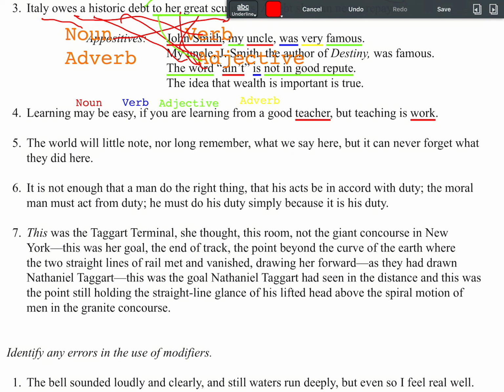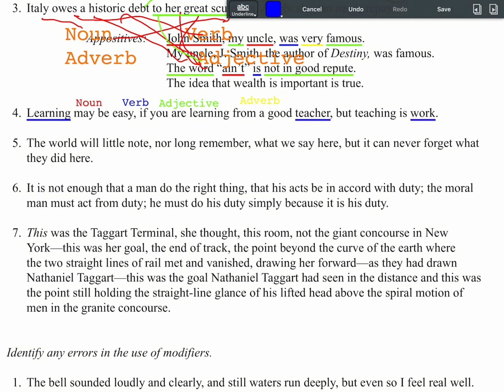In "you're learning," I think learning there is an adjective that modifies you. It's telling you about the state of the person. So "learning may be easy": learning is the noun, it means the concept of learning may be easy, like the thing.